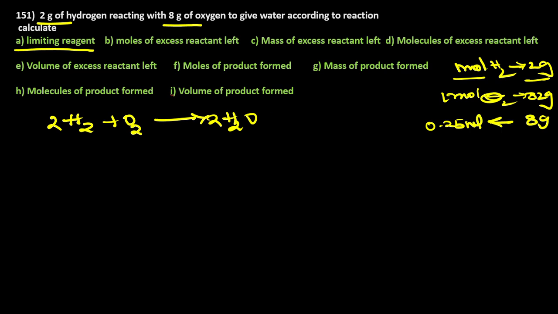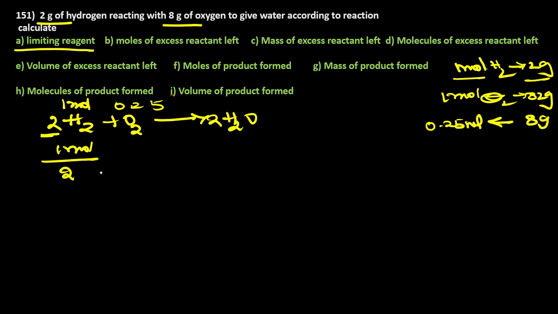So in this given data, you write here: 1 mole given of hydrogen, and here 0.25 given of oxygen. If you want to calculate the limiting reagent, divide the given moles by the stoichiometric coefficient.